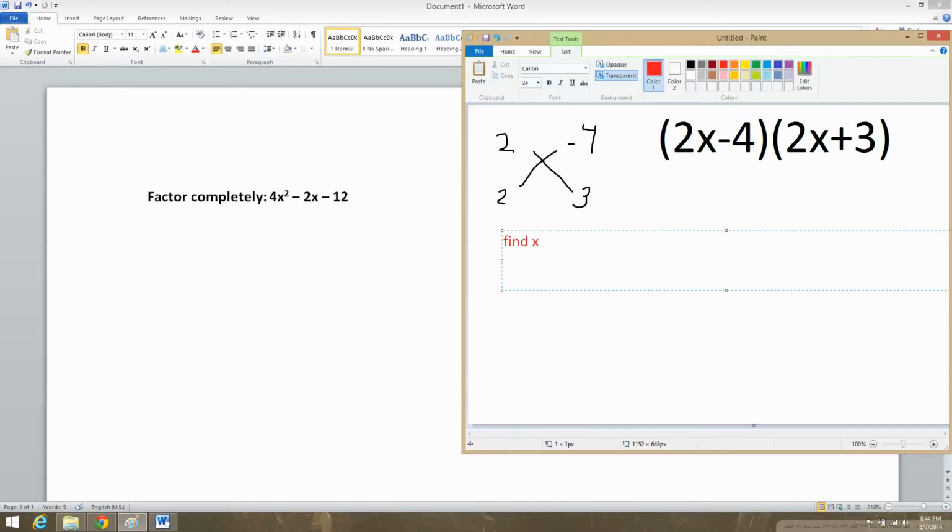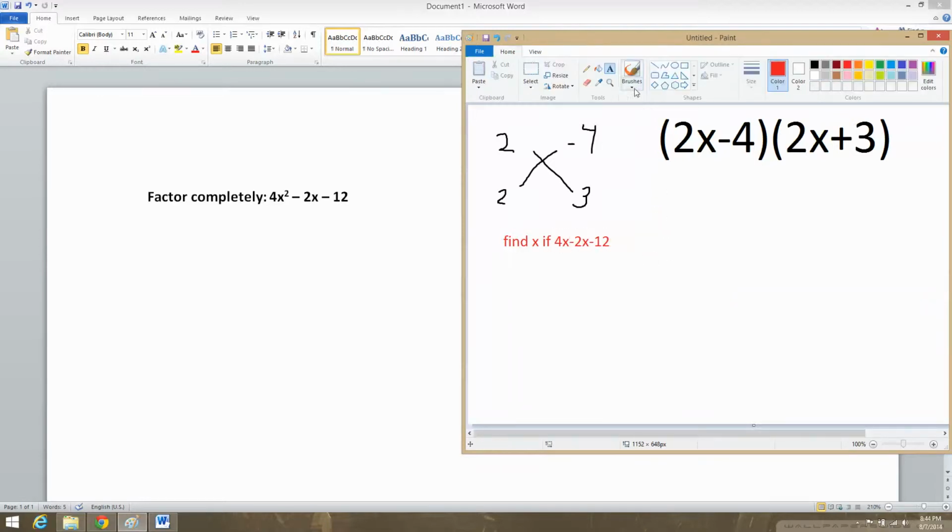Find x if 4x squared minus 2x minus 12. If you haven't caught that, it's the same as here. It's just a different question.